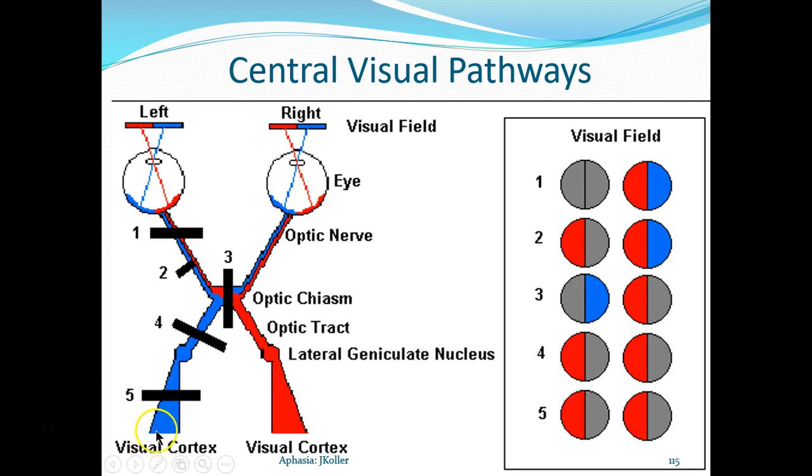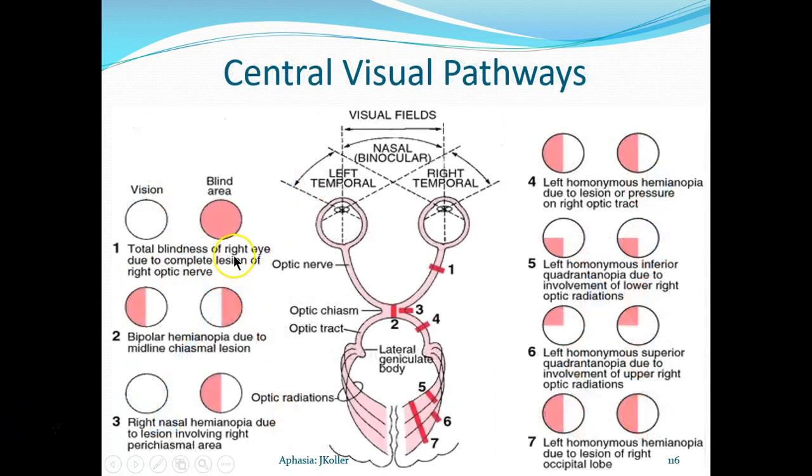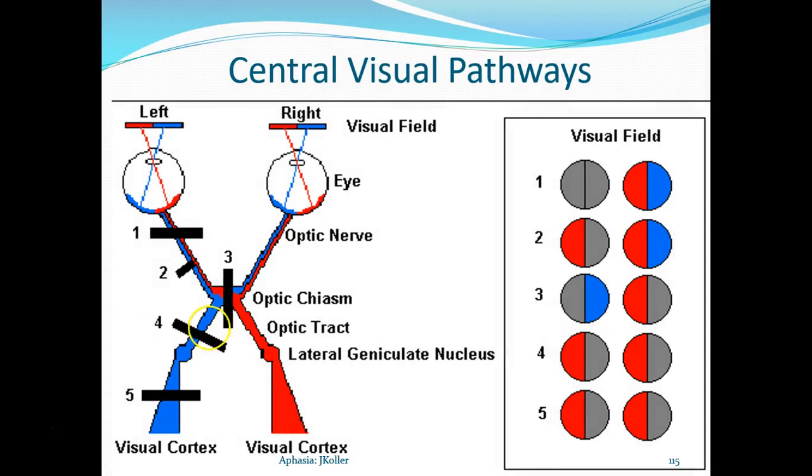So we're going to start in the blue, which is the left visual cortex, the occipital lobe. And we have the optic nerve coming from here. We would like to think it would just go there.